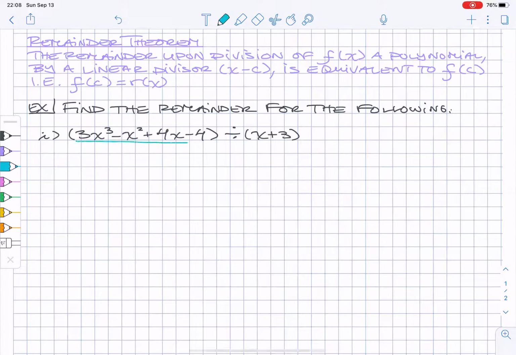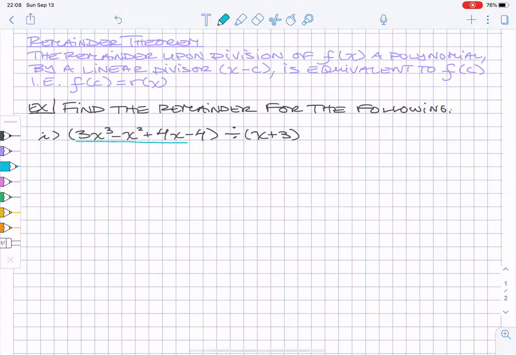Do you agree that x equals negative 3 is the root? Because it's linear, we can use synthetic division. So let's put negative 3 on the outside, our upside down division symbol, and our coefficients in descending order of our dividend: 3, negative 1, 4, and negative 4.